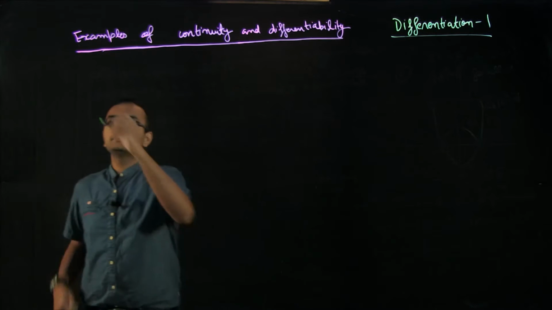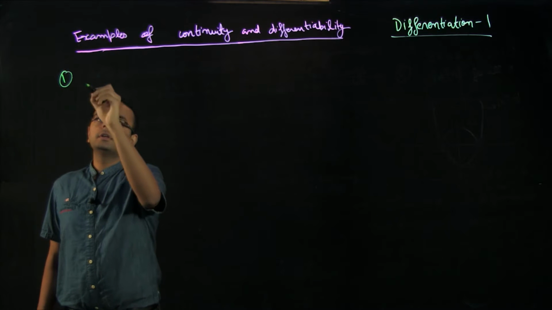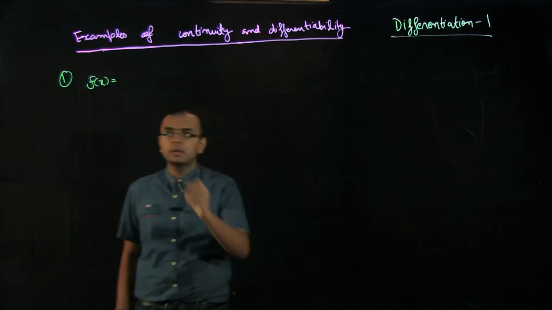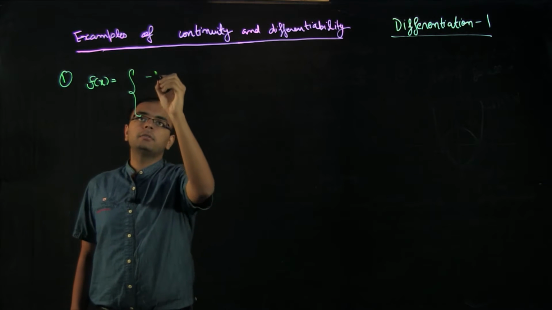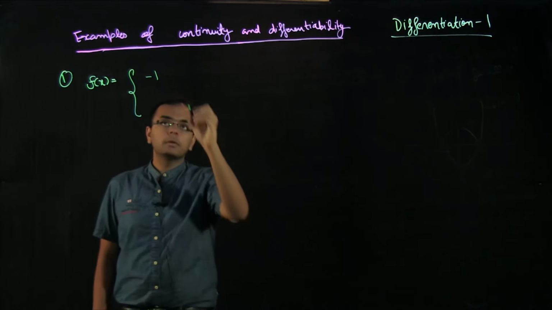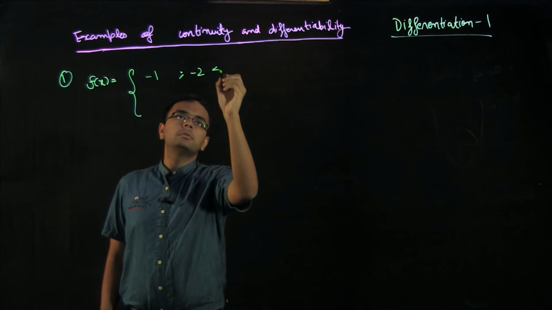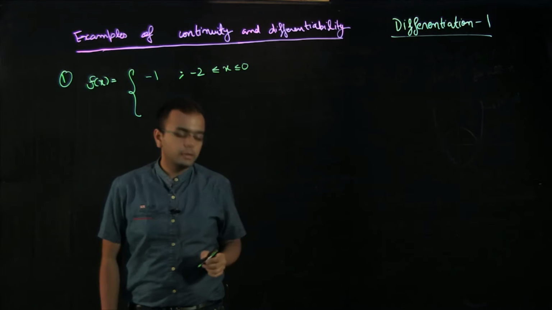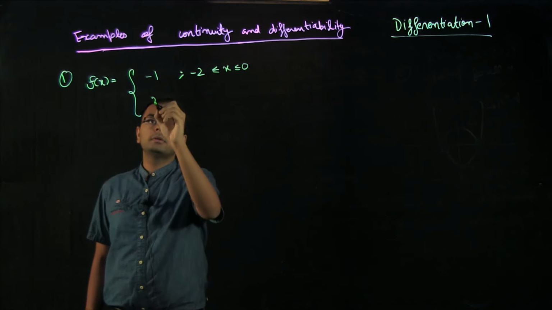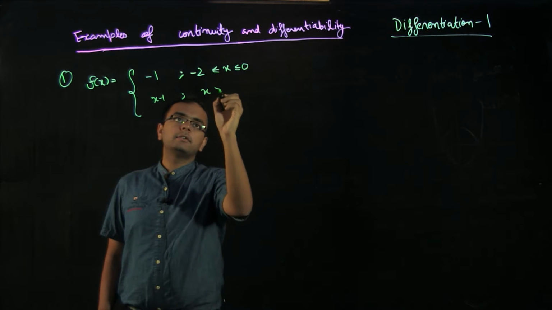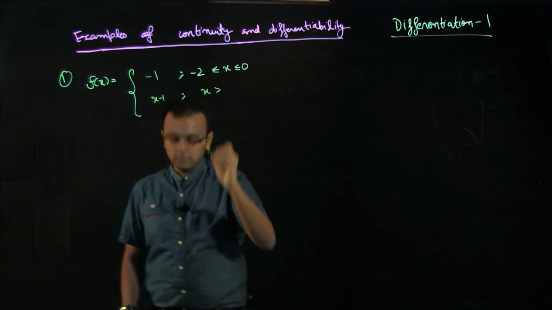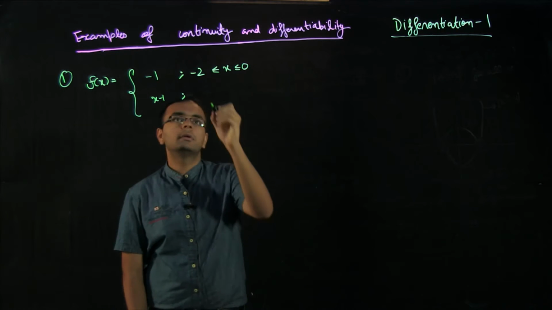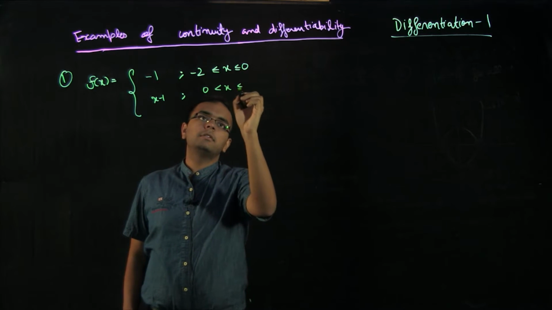So one of the questions that I want to discuss here, the first example, is that we have been asked to discuss the continuity and differentiability of a function f(x), which has been given here: minus 1 for minus 2 less than or equal to x less than or equal to 0, and x minus 1 for x greater than 0 and less than or equal to 2.